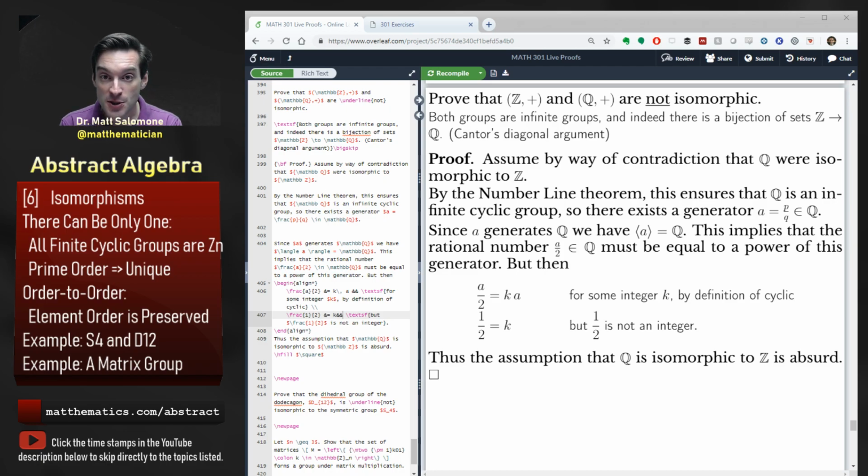And then finally, we showed that the integers and the rational numbers were not isomorphic, because while the integers form a cyclic group, the rational numbers do not. And the reason the rational numbers do not is because they have this cool density property that you'll talk about more when you take a course in Introduction to Real Analysis. But the very fact that the rationals have this density property means that they cannot be generated by a single one of their elements, whereas the integers can.